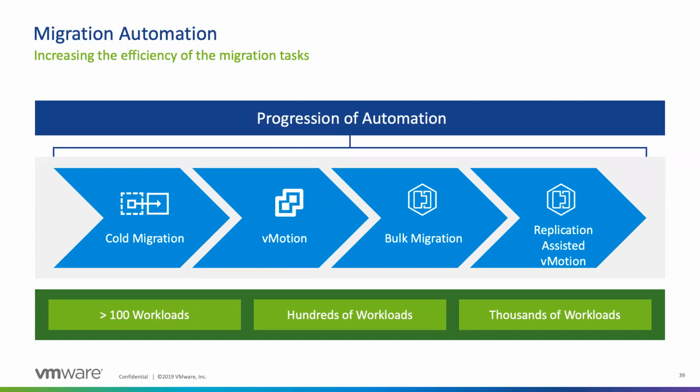And then when it's time to actually migrate, you can schedule a time, and when that time hits, it will convert that over to a vMotion. It will do the incremental storage migration, it will replicate the memory, and it will move that workload live over to VMware Cloud on AWS. So we think replication assisted vMotion will be what the majority of customers use going forward once we make it generally available.